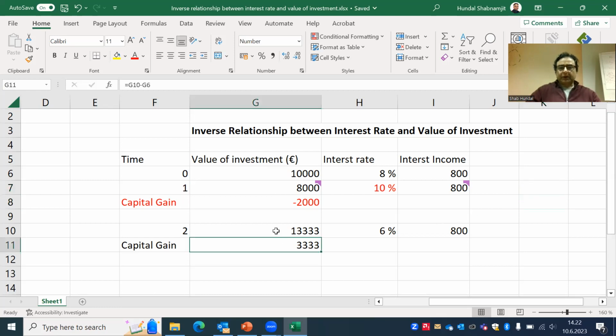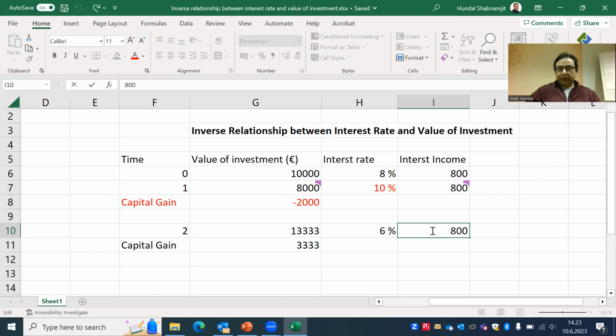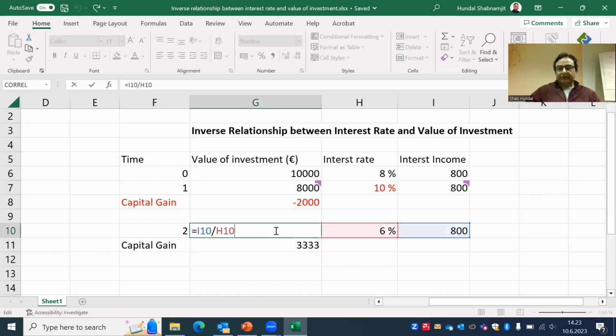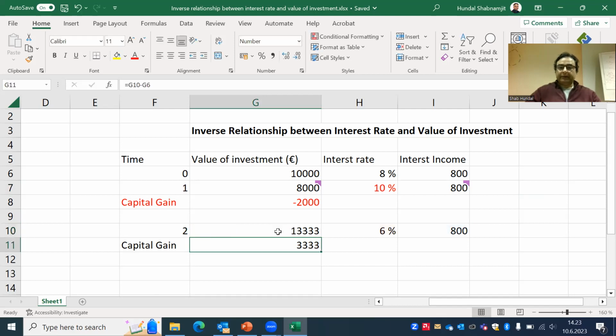And similarly, I cooked up another hypothetical example: in case the interest rate falls from 10% to 6%, then in order to earn 800 euros, the investor has to invest 13,333, okay?